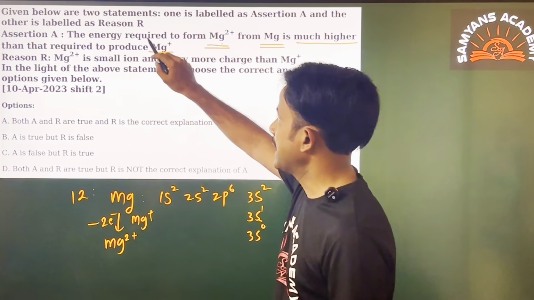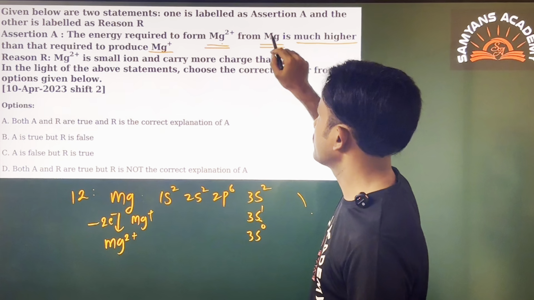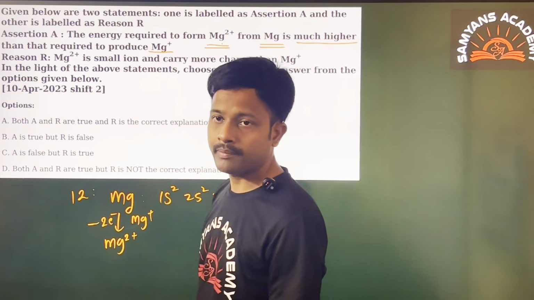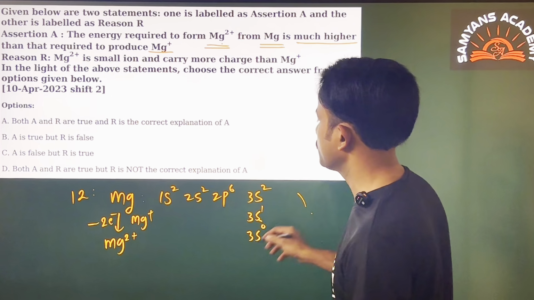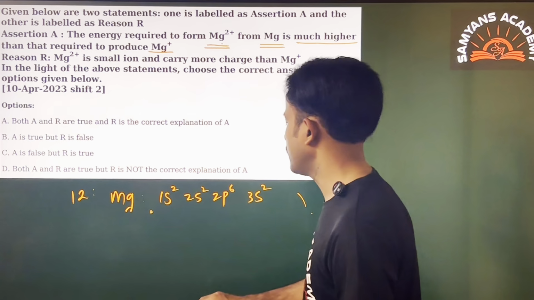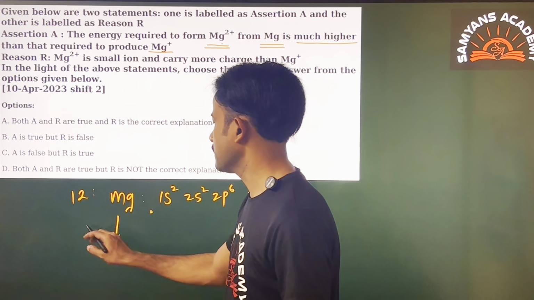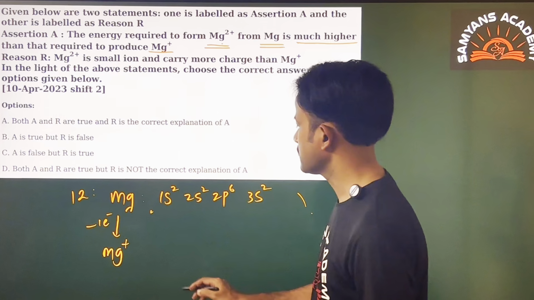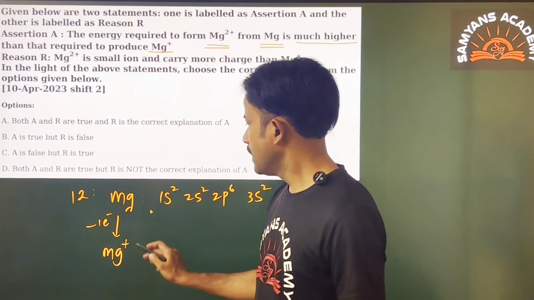So the energy required to form magnesium 2+ from magnesium is much higher than that required to produce magnesium +. Then how will you produce magnesium from magnesium +? For this you require only 1 electron, right? So after removal of 1 electron from magnesium, it will become magnesium +. It requires less energy.